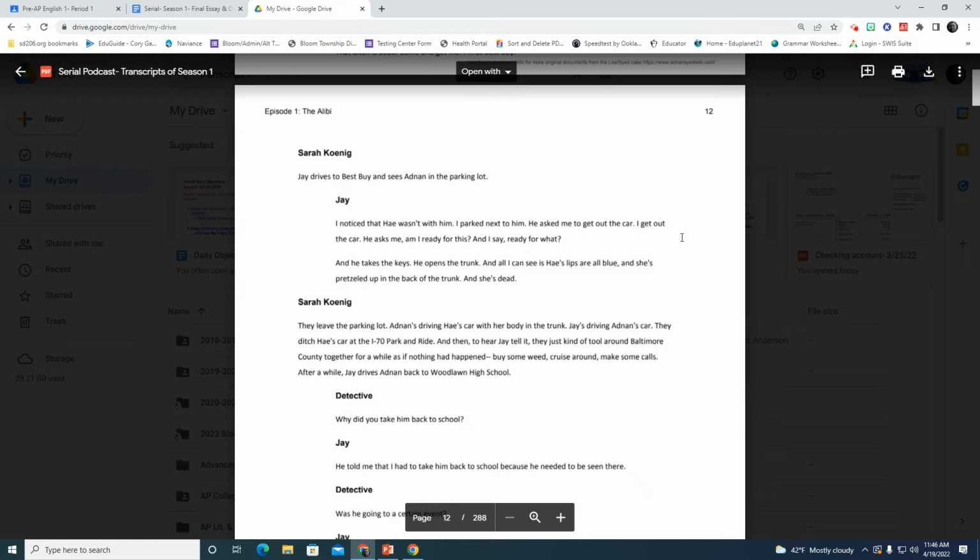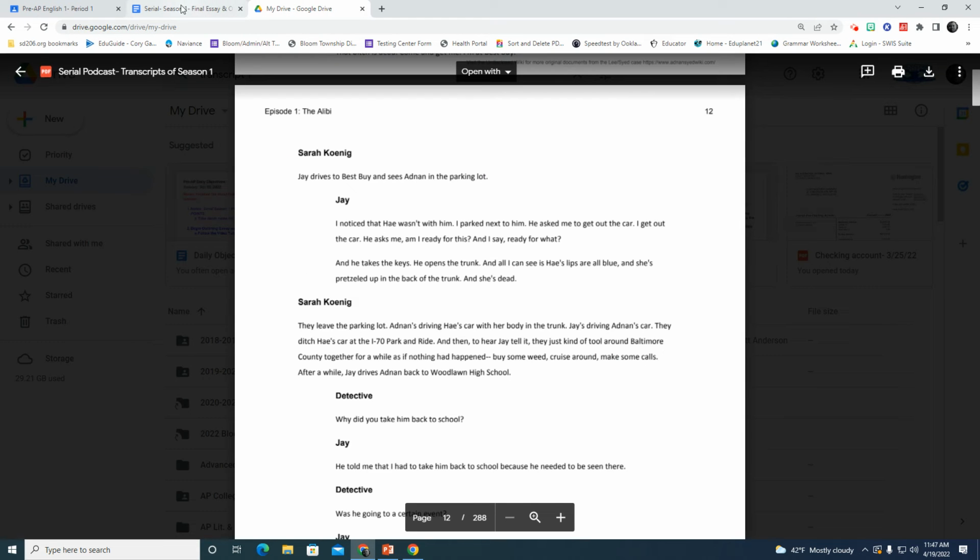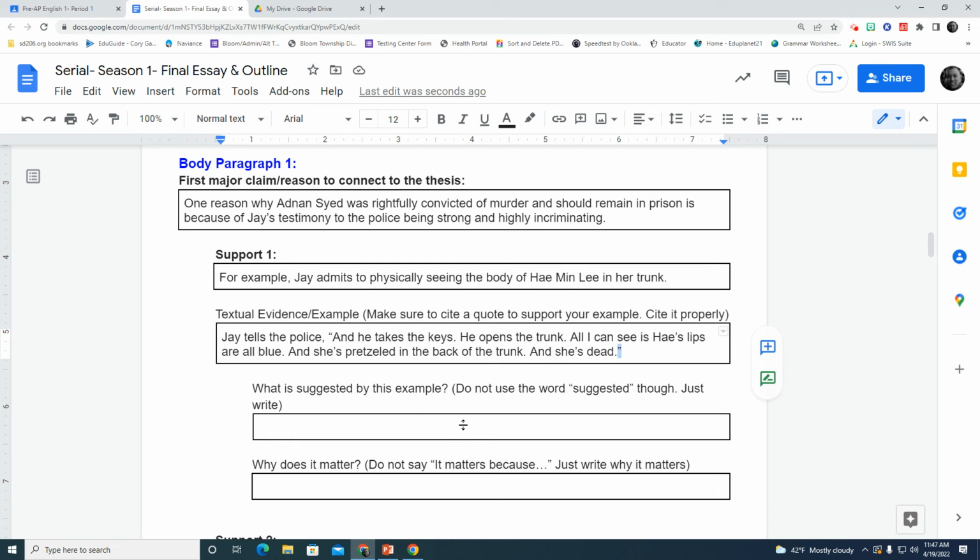And the last statement, and she's pretzeled up in the back of the trunk, period. And she's dead. End quotes. Right? You notice I put quotes around my textual evidence because these are direct evidence from the actual text, right?